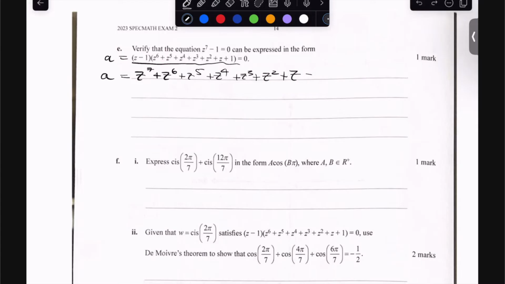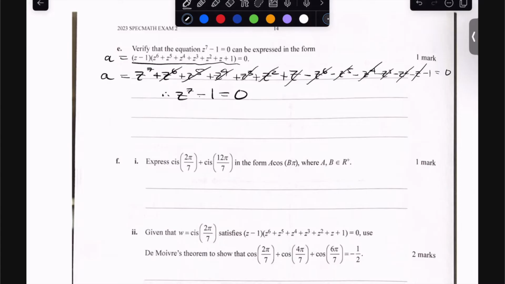Sorry, I forgot to do the minus z to the power of 6 minus z to the power of 5 minus z to the power of 4 minus z to the power of 3 minus z squared minus z, and then minus 1 equals 0. So that cancels, and you have, therefore, z to the power of 7 minus 1 is equal to 0.